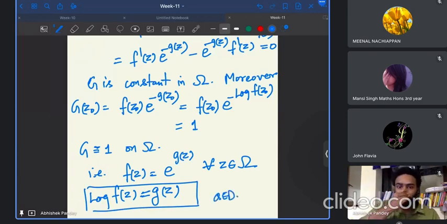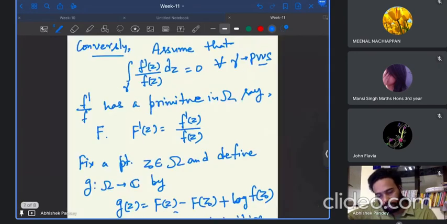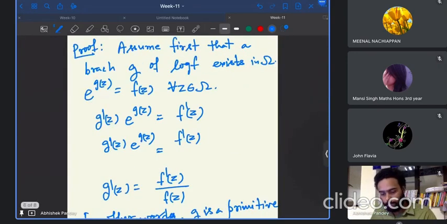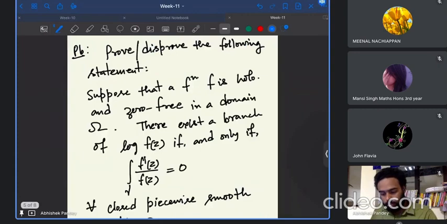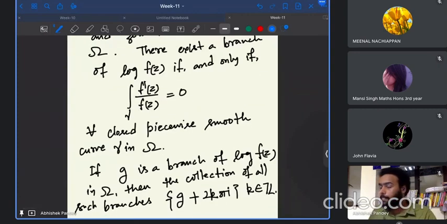I hope it is clear. So we have proved that log of f has a branch once you assume this. Any doubt in this one? Just let me know.